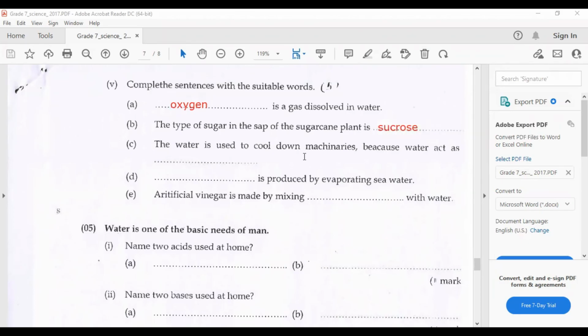Water is used to cool down machineries because water acts as a coolant. Next one: is produced by evaporating seawater. Salt. Artificial vinegar is made by mixing acetic acid with water.